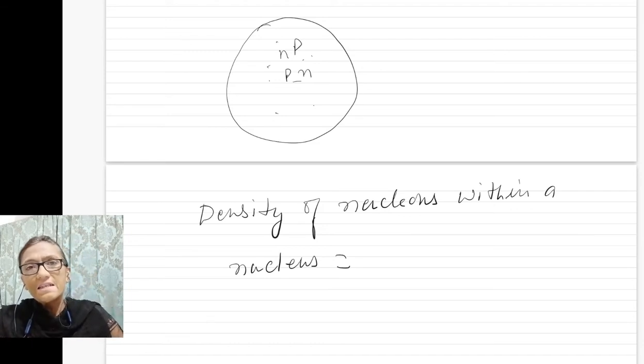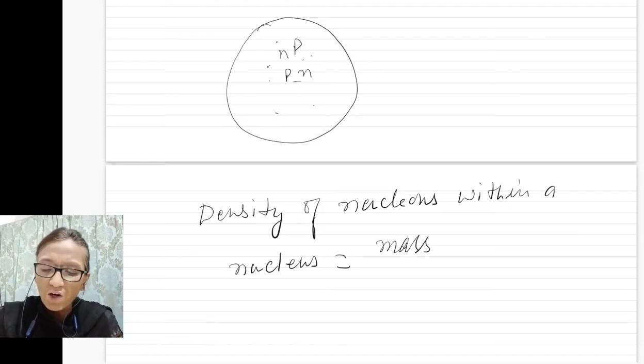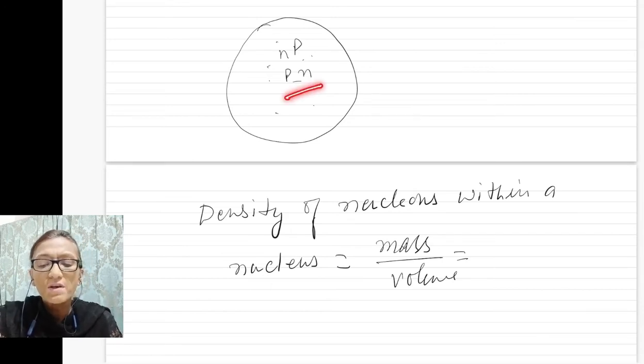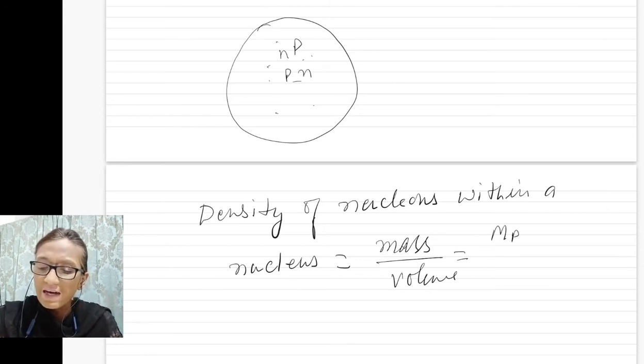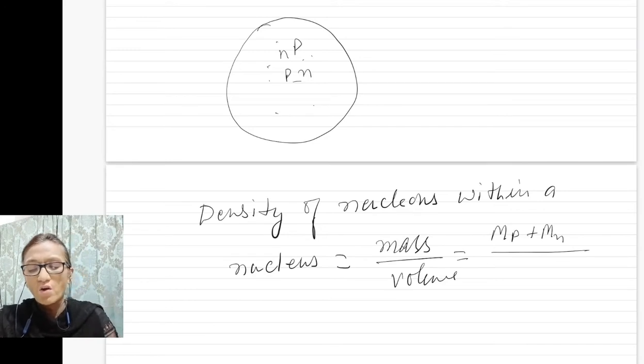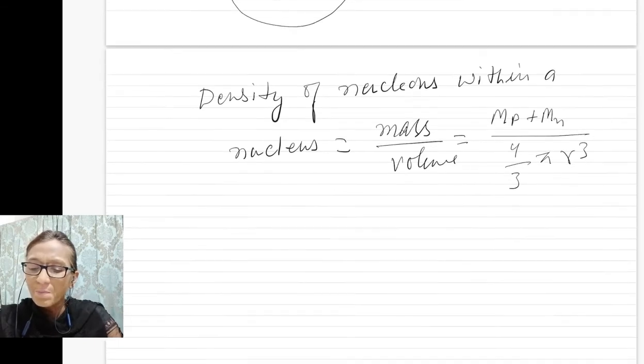We know that density is equal to mass per unit volume. And the mass of the nucleons is mass of protons plus mass of neutrons. So here you can write mass of protons plus mass of neutrons divided by volume. And the volume of any sphere we know is 4/3 pi r cube.